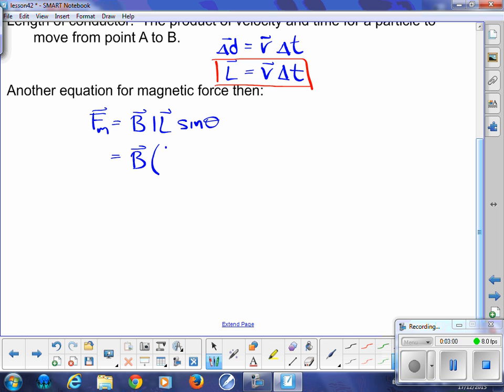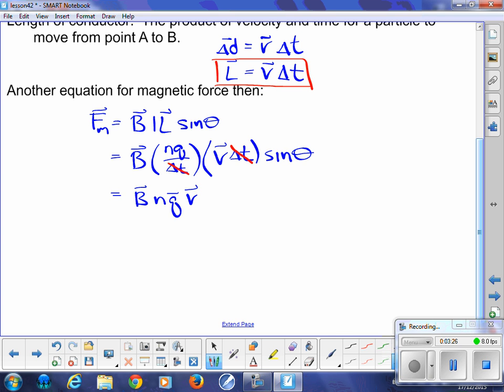So the I is going to get replaced with NQ over delta T. L is up there, using our uniform motion for calculating length or displacement, so that's v delta T. And sine theta will remain. So what does that result in? Time cancels out of the equation, and we end up with B N Q v sine theta. Oops, charge is not a vector. There we go, B N Q v sine theta.